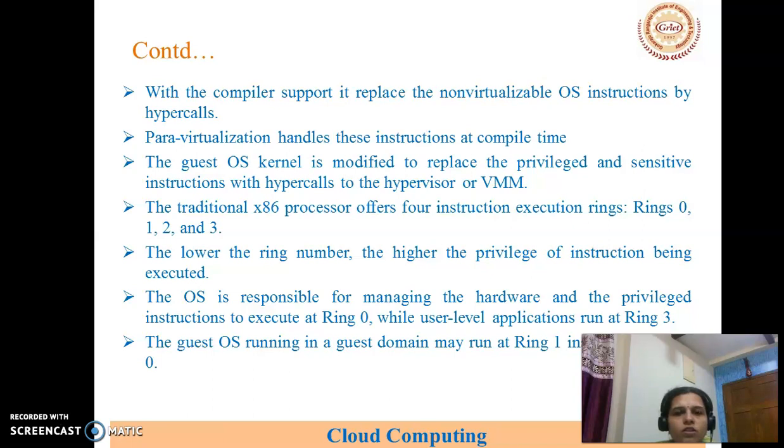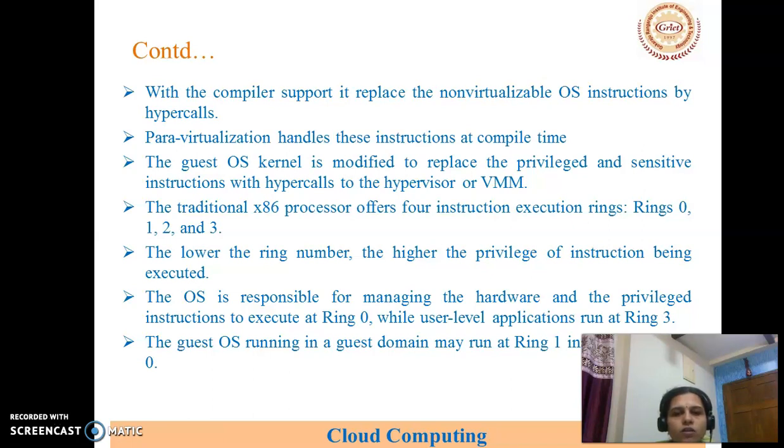The traditional x86 processor offers 4 instruction execution rings. Here we have rings 0 to 3, that is 0, 1, 2, 3. The lower the ring number, the higher the privilege of the instruction being executed. The OS is responsible for managing the hardware, and the privileged instructions execute at ring 0, while user-level applications run at ring 3.